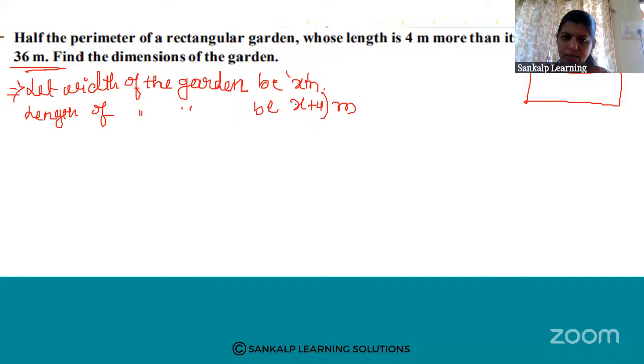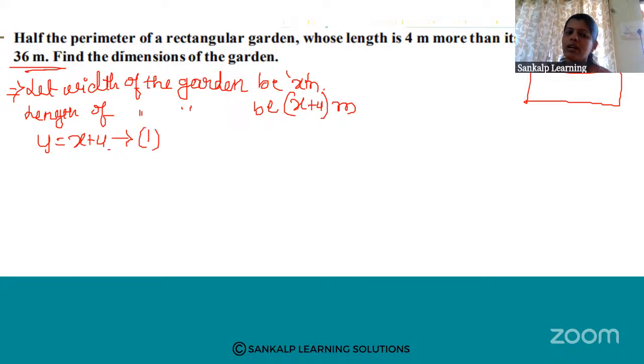So 4 meters more than its width, that is x plus 4 meters. Now consider the length be y, which is x plus 4, that is y is equal to x plus 4. This is equation number 1.